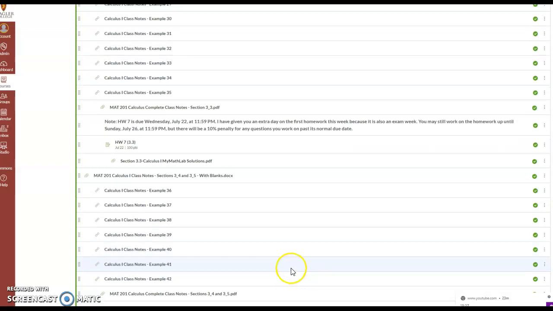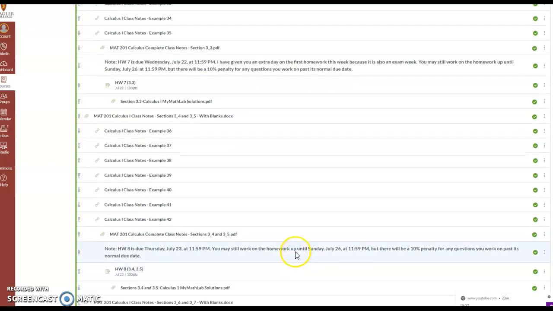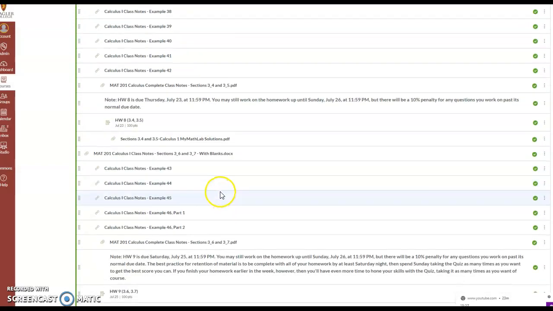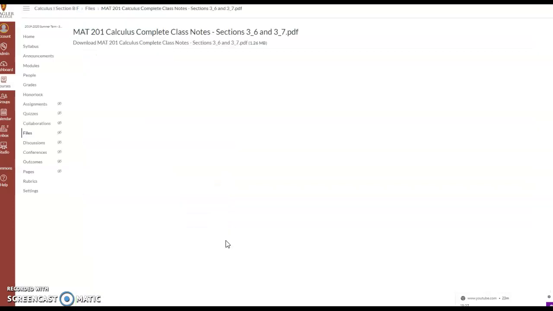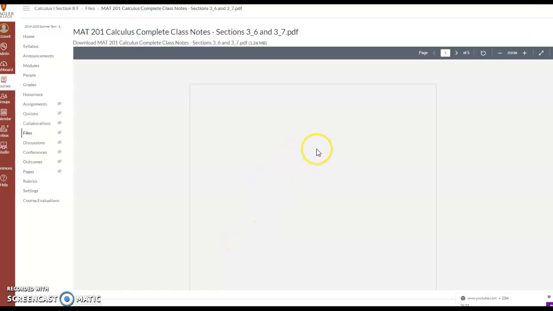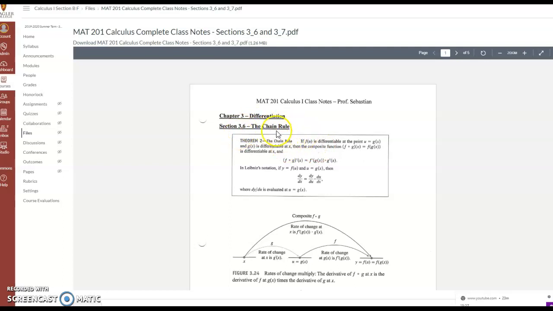The third set is going to be sections 3.6 and 3.7. In here we're going to get into something called the chain rule, another very important rule for taking derivatives. It's probably a little more complicated to get used to at first. There are 2 different kinds of notation, which I talk about in my notes. This is Newton notation, from when Newton invented calculus, and this is Leibniz notation, from when Leibniz invented calculus.